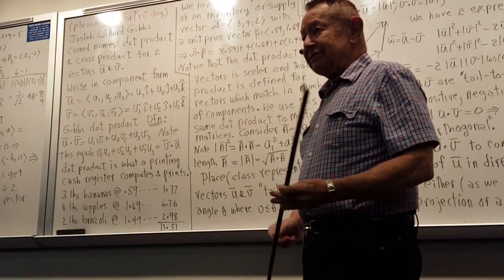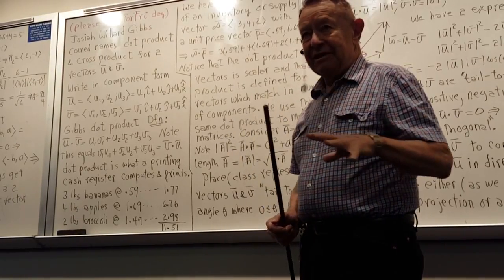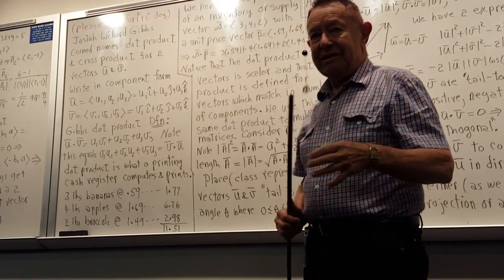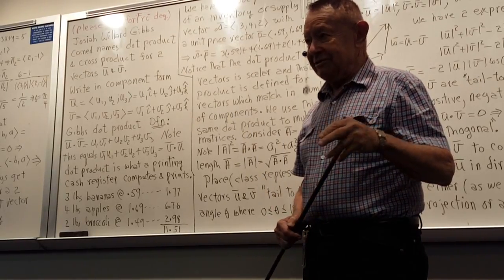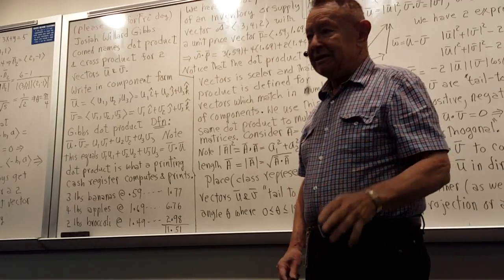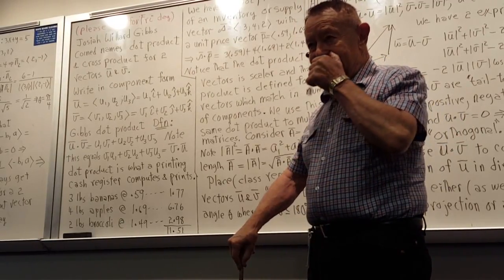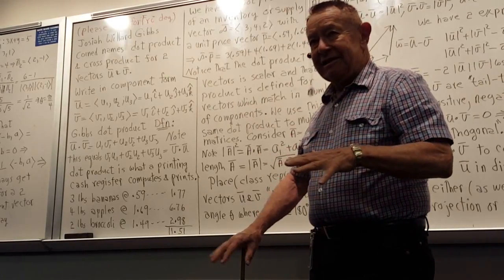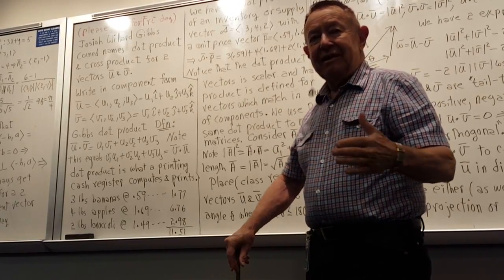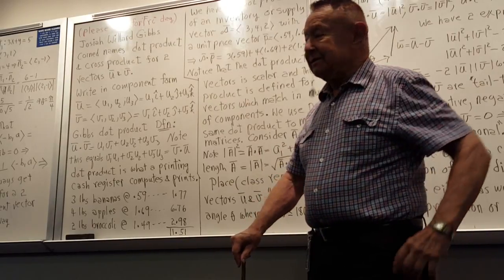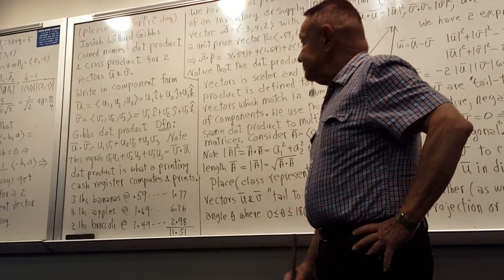The focus in this book is on vectors that are in the plane, so that's two components, or in three-dimensional space, so that's three components. But just because you don't have a geometric interpretation does not mean you can't have the concept of a vector with more components to it than that.